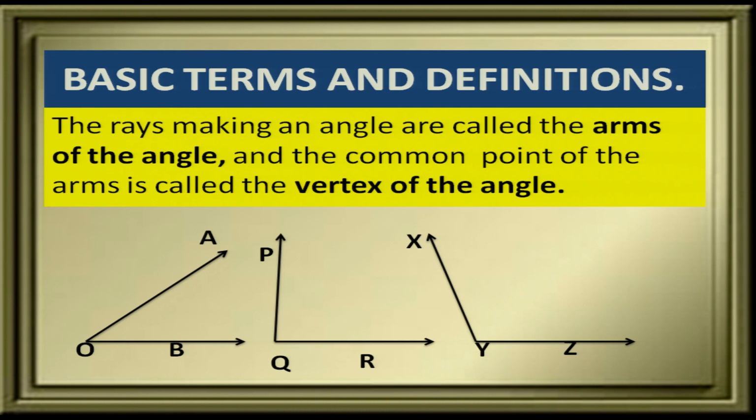Similarly, PQR or RQP represent the same angle, but Q will not change its position. Similarly, for the third one, XYZ or ZYX, Y is the vertex, and this letter will come in the middle of the name.